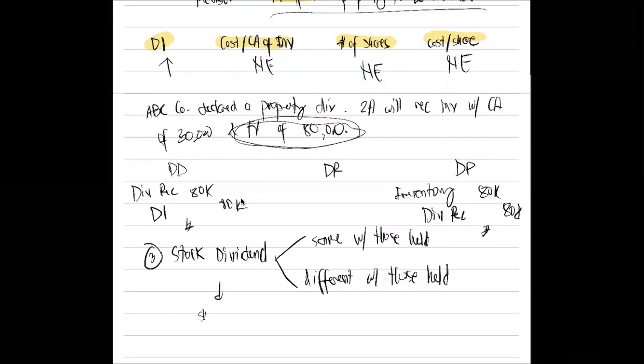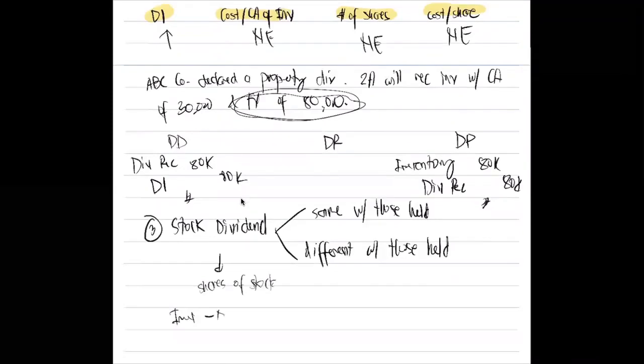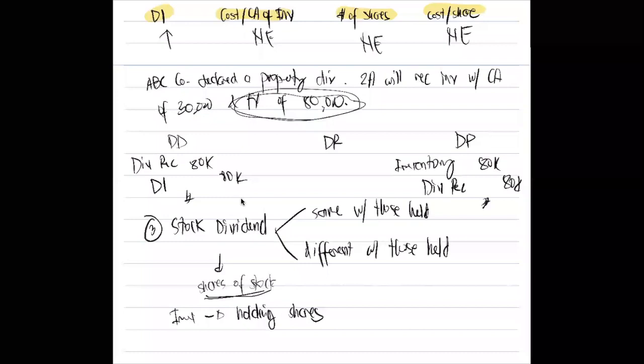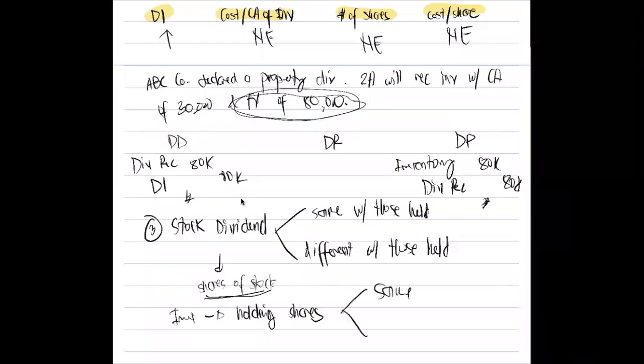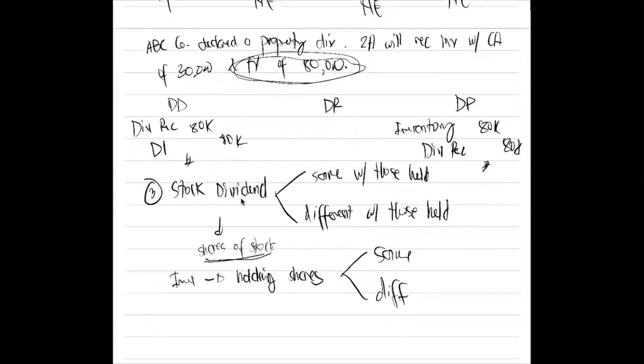You will receive shares of stock. Remember, you are an investor, and being an investor, you are also holding shares. Now, if you will receive shares of stock, you need to know whether the shares to be received are the same or different. For example, you are holding ordinary shares.